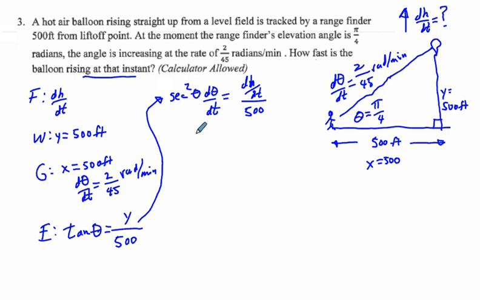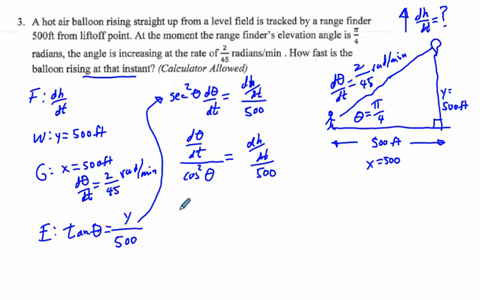Okay, one thing we can do is rewrite the left side as d theta dt over, what is the reciprocal of secant? Well, it's going to be cosine. So over cosine squared theta is going to be equal to dh dt over 500.